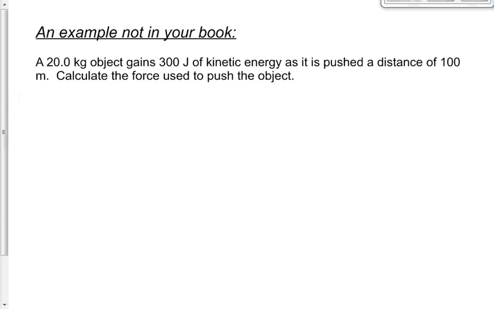Well, after we did that, guys, we did another example here, which was a little bit trickier. This one said the object gains 300 joules of kinetic energy as it's pushed this distance. What's the force? The big thing that we had to recognize here is that the change in kinetic energy is equal to W. So we had W. We have the distance.